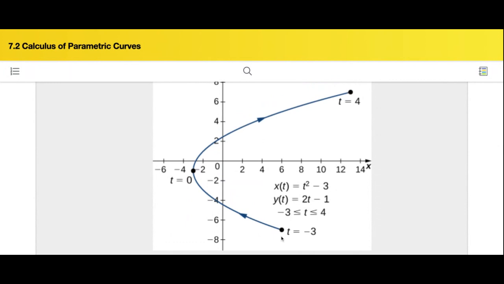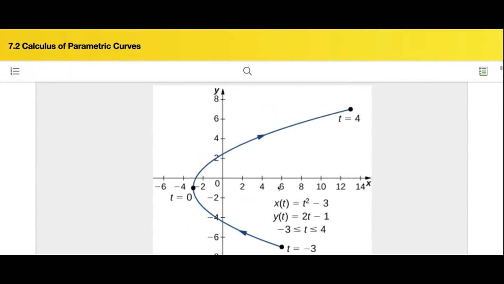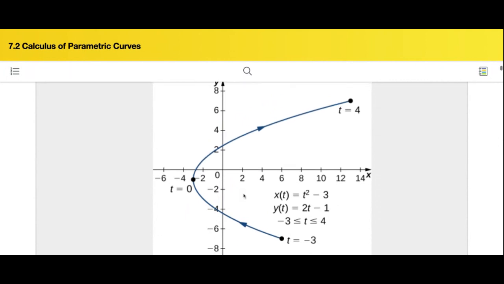Imagine we go from this point and keep going until t equals 4, because this is graphed as x of t, y of t.